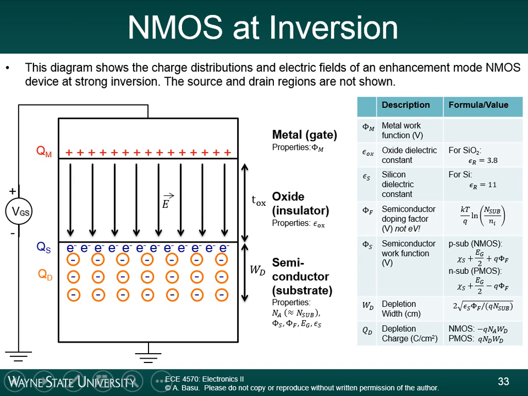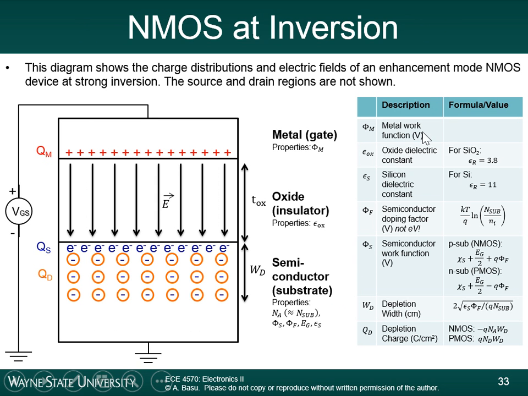All right, now we're going to start deriving the threshold voltage. There are a lot of different things that we need to calculate, and a lot of different concepts that come into play here. So I'm summarizing all of those in this slide to help you better understand. The diagram is showing the charge distributions and electric fields of an enhancement mode NMOS device at strong inversion.